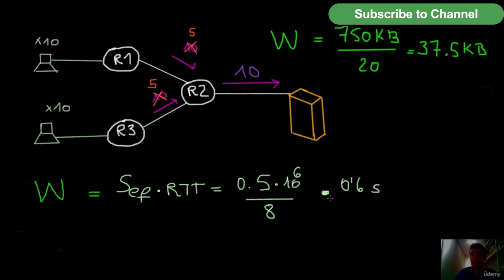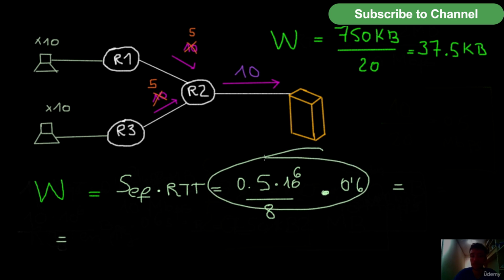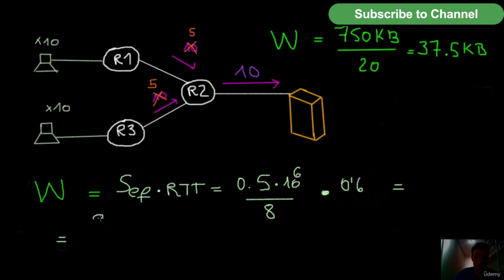Now as we make this multiplication, what does this give us? If we multiply the numerator, all of this gives us 300,000. As we divide this by 8, this gives us the value in bytes, because here we have bytes per second and here we have seconds, so the units simplify and we have the result in bytes.